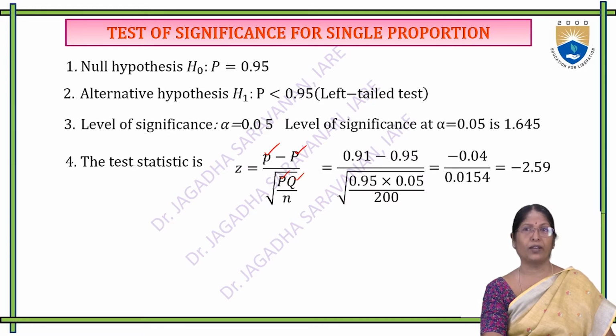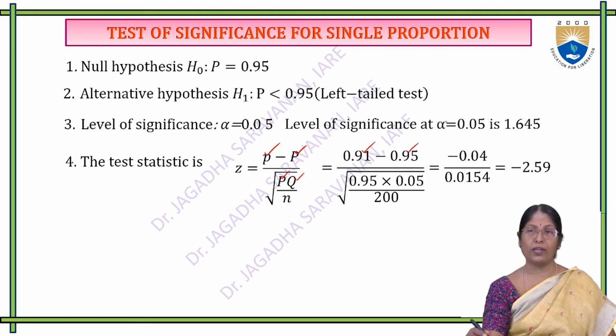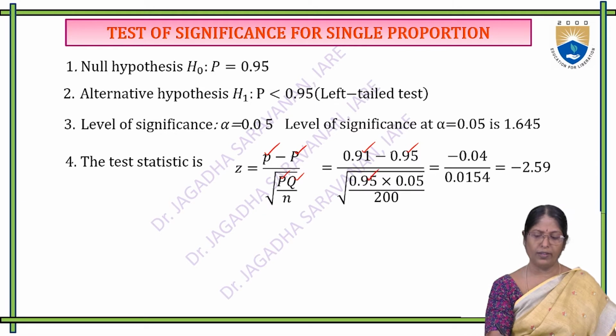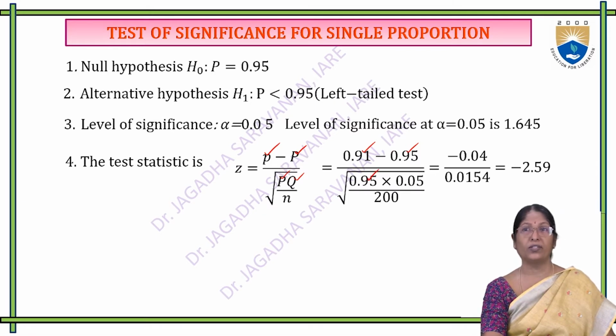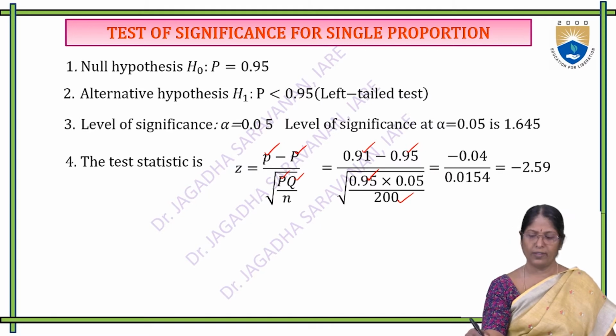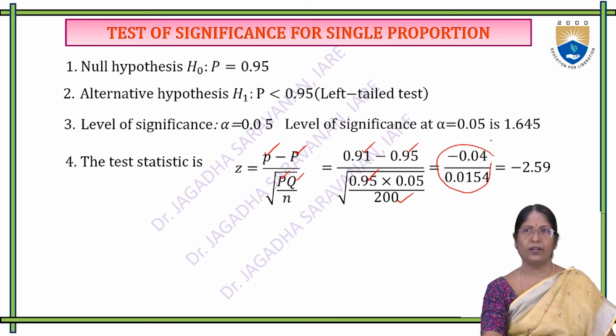We substitute small p 0.91, capital P 0.95, square root of PQ, that is 0.95 and 0.05, N as 200. Simplifying, we obtained minus 0.04 divided by 0.0154, that is minus 2.59. So mod Z is the modulus of minus 2.59, which is 2.59.